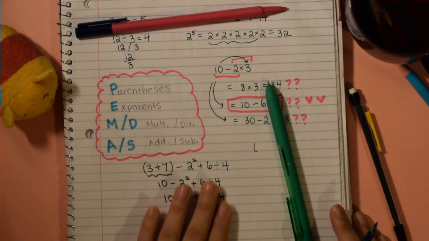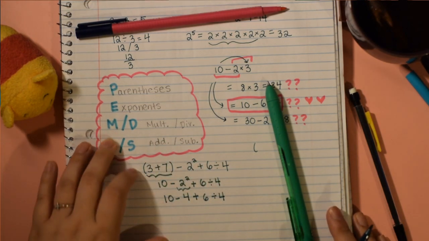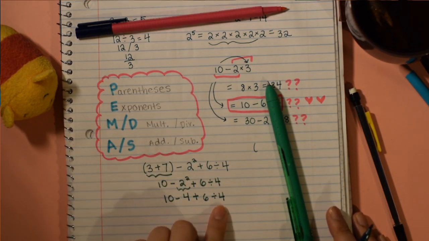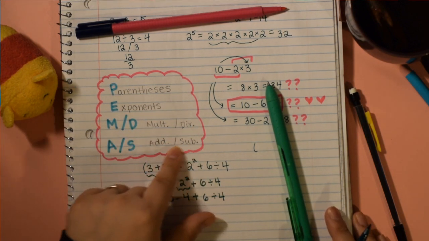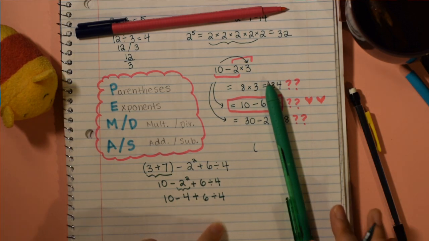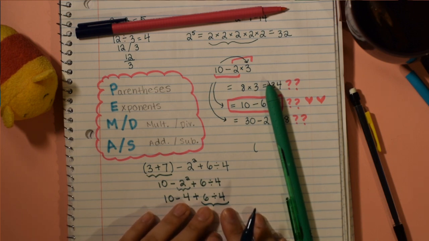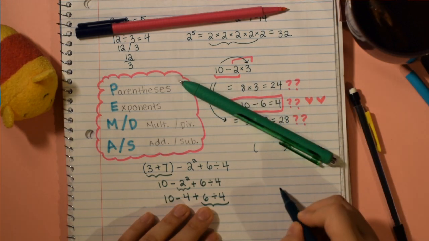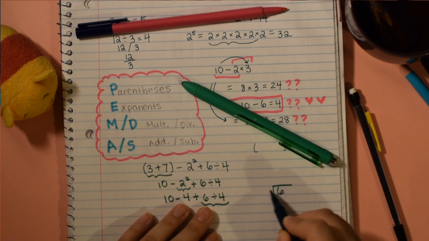Okay, good. Do we have multiplication? No, we don't. But do we have division? Yes, we do have division. 6 divided by 4. And so I didn't pick a pretty number here, but 6 divided by 4. You could review your decimal work if you like.